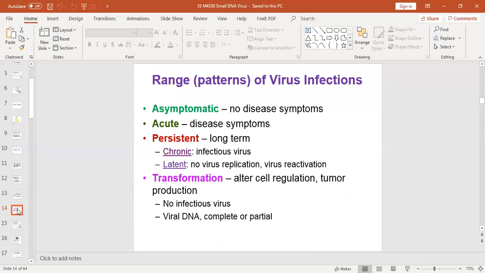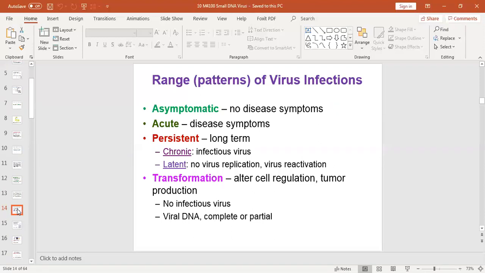I guess we've gone over this a few times, and it was on your first midterm exam as well. Range or patterns of viral infection. There are four patterns: asymptomatic, where there are no signs and symptoms of the disease; acute, where the clinical signs and symptoms of the disease are apparent; and persistent, which is long-term.